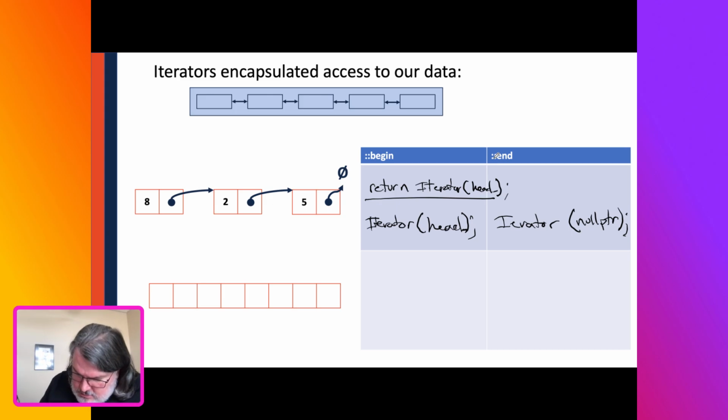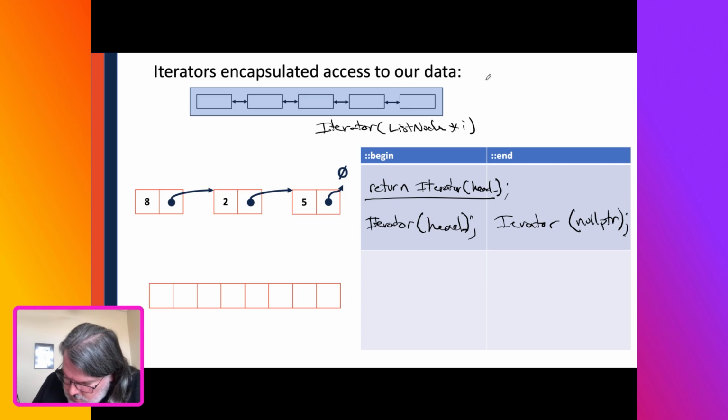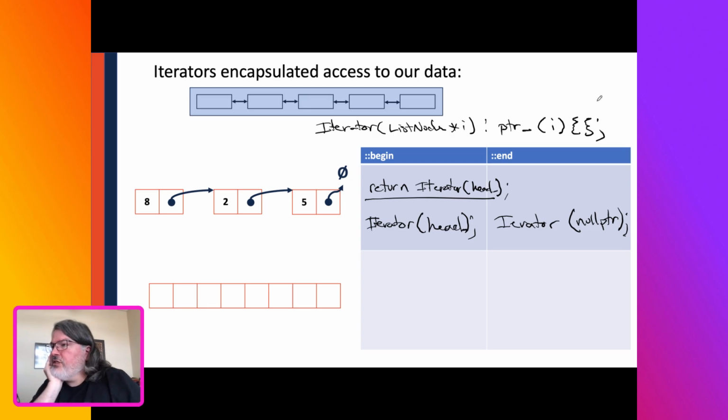So I bet my constructor will look like iterator for my linked list will be list node pointer I, colon, pointer I. There it is, what I would write in my iterator class for the constructor, right? Does that look good to everybody?